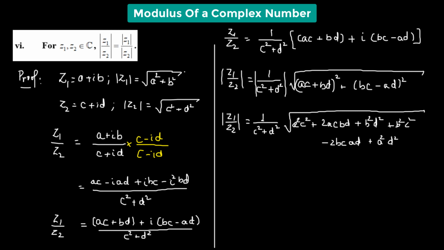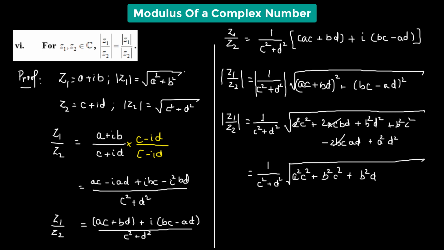Now 2acbd is the additive inverse of 2bcad, so they cancel out, and that leaves us with 1 over c squared plus d squared times the square root of a squared c squared plus b squared c squared plus b squared d squared plus a squared d squared.